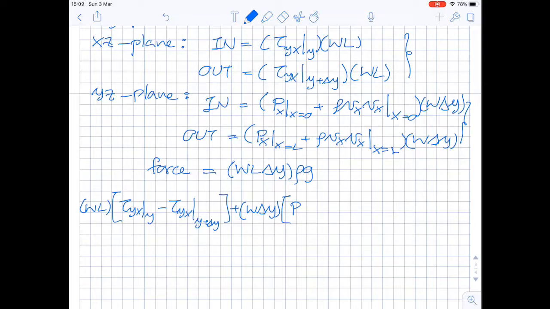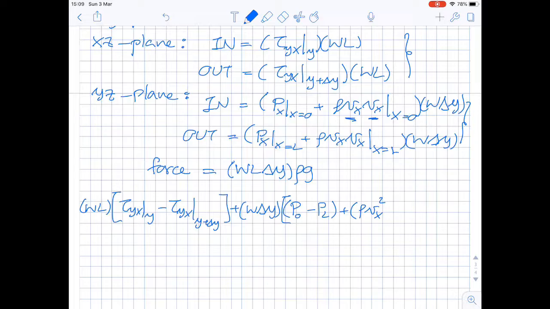pressure, let me call this pressure P0, subtract pressure PL, plus rho Vx, I'm going to put it square over here because Vx here and Vx here, both of them are scalar. So scalar multiplied by scalar, I can get square term.